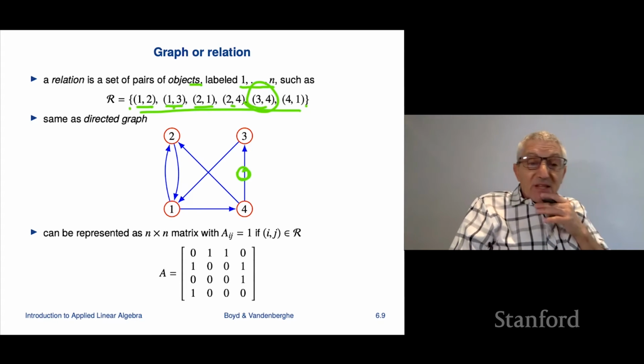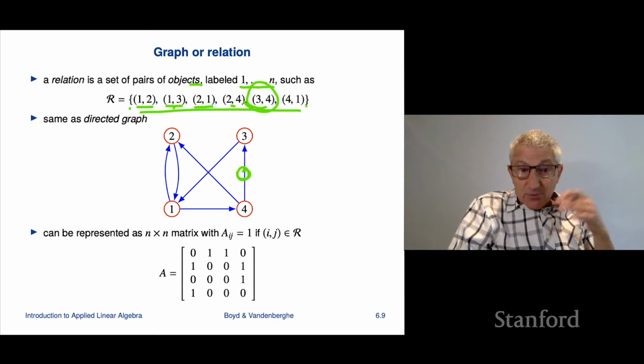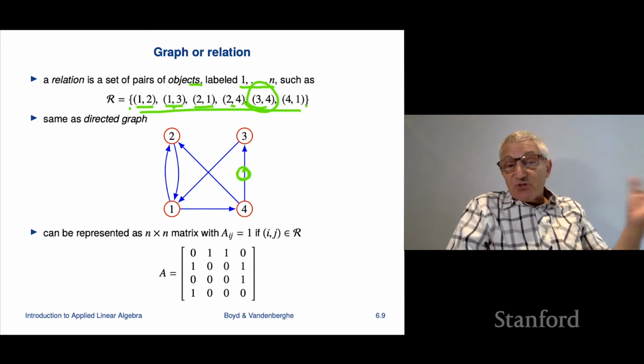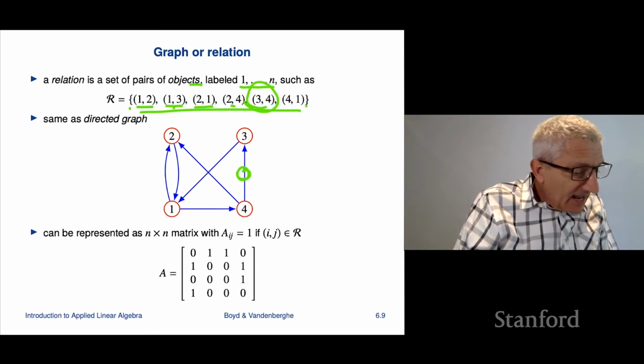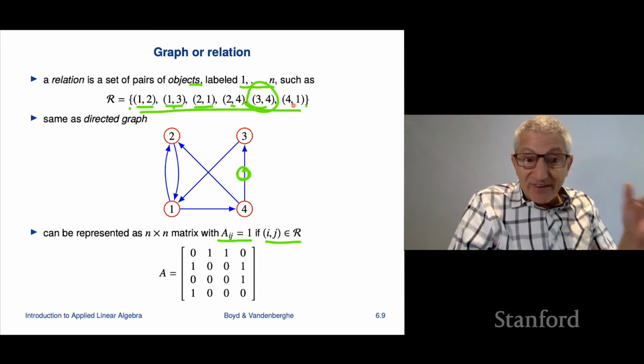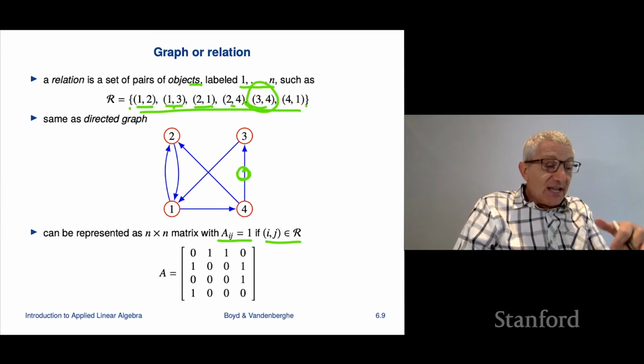So the connection to matrices is this: we can write a graph as a matrix. That's a very common way to describe it, a matrix whose entries are either 0 or 1. And what we do is we say Aij is 1 if (i, j) is in the relation, meaning if you have an edge from j to i in the graph, we put a 1 there.